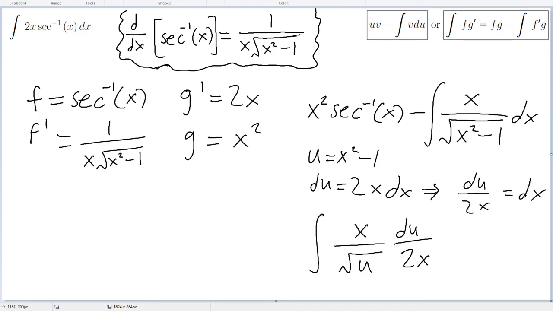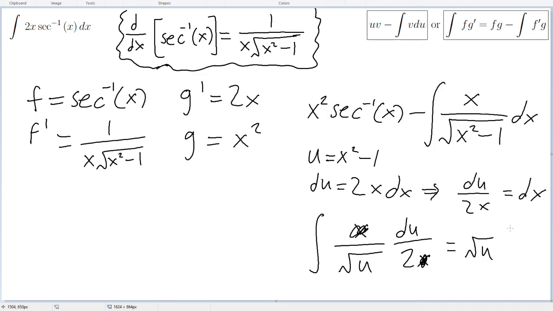So that's where this comes from. And then this x cancels out. And then it's just du over 2 root u.